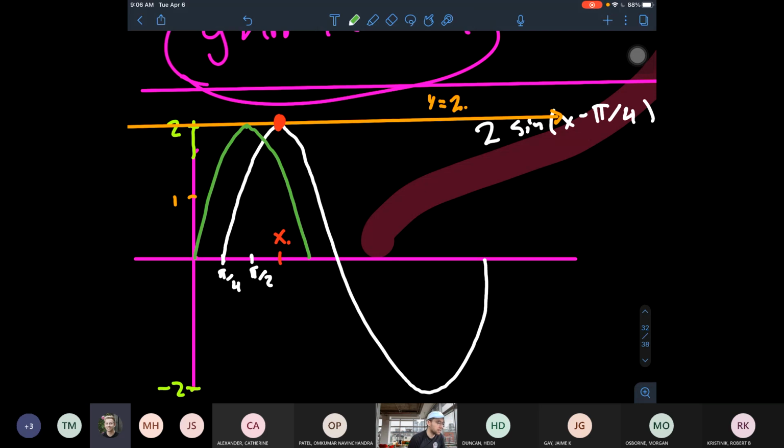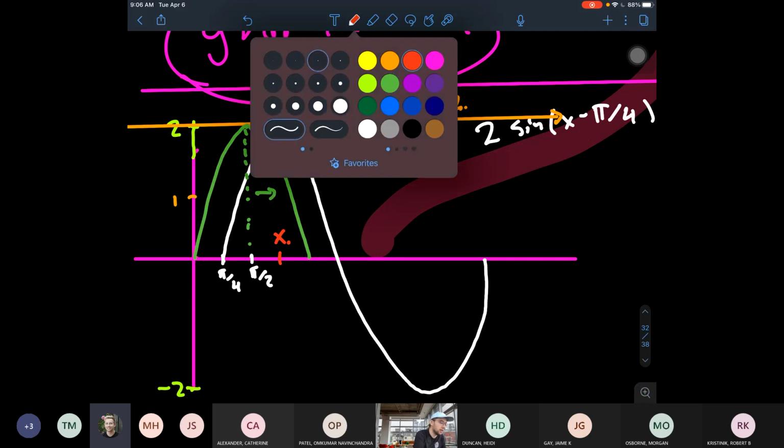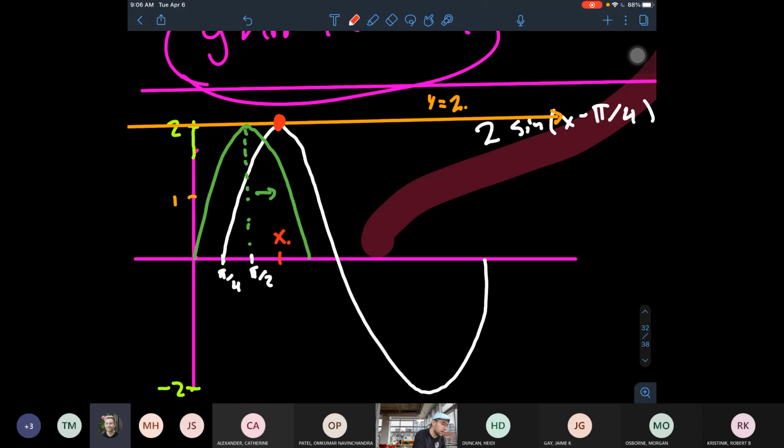And we know that that one is going to take a maximum at pi over 2. So if we take the whole thing and move it pi over 4 units to the right, then the new x value is going to be, well, the previous maximum for sine occurred at pi over 2, and then we moved everything over to the right by pi over 4 units.